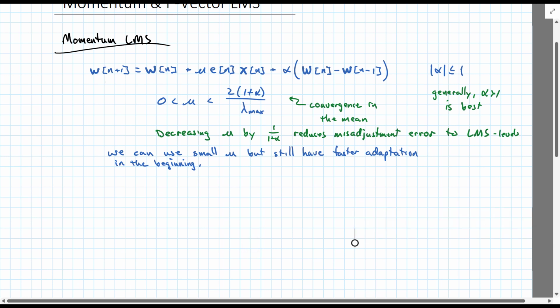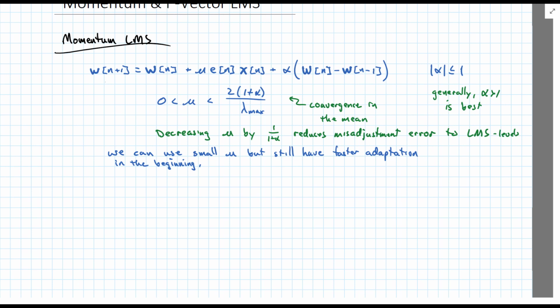Okay, so the Momentum LMS in some ways appears to be one of the very effective ways of dealing with this desire to have a fast adaptation when we're far out and a small adaptation when we're close, and very few parameters in this case to choose between as we figure out how to run this particular setup.